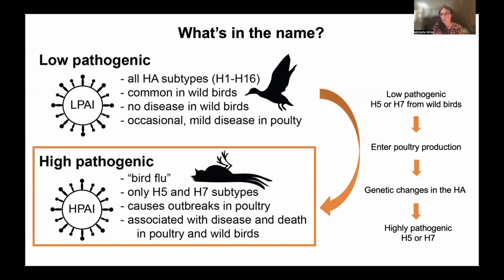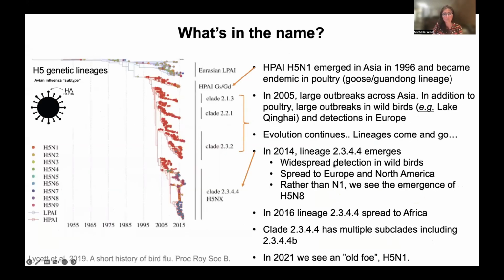These viruses enter poultry production, and we see really significant and substantial amplification of these viruses, which may lead to genetic changes in the HA, which sort of results in these highly pathogenic H5 or H7 viruses. Essentially, the viruses go from viruses that replicate just in the gastrointestinal tracts of wild birds or respiratory tracts of poultry to viruses that can replicate anywhere in a bird. And this is what causes the sickness, disease, and death in birds.